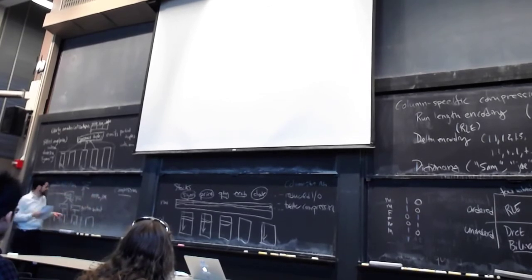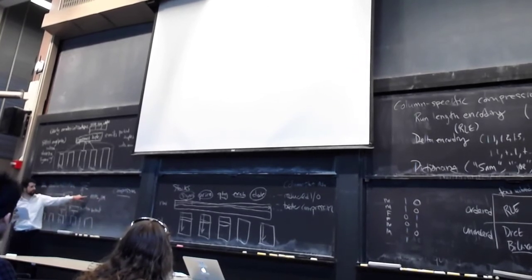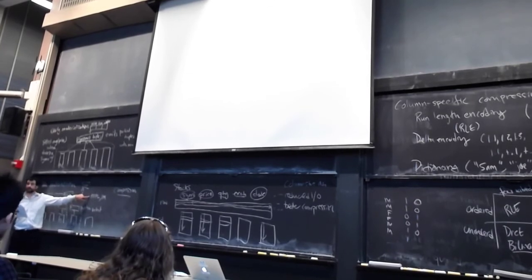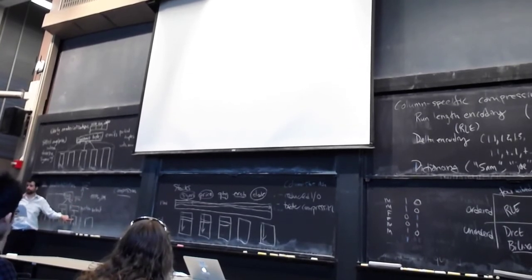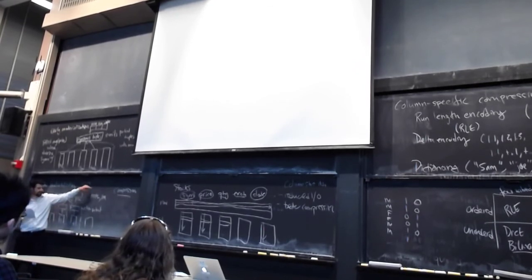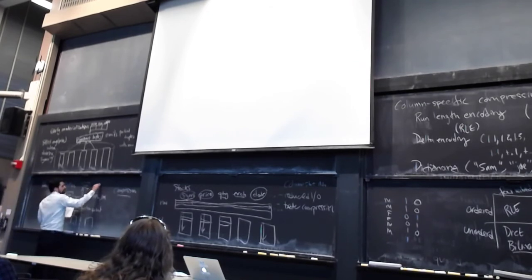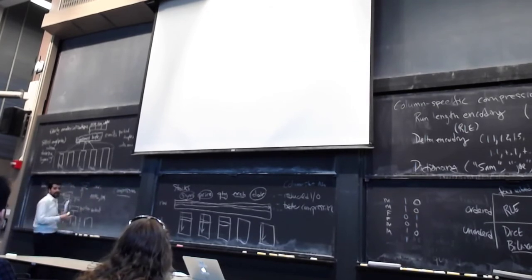I can produce an RLE encoded bitmap as a result of this position filter, right? I can find the positions that correspond to Apple, and I can just produce a bitmap that comes out of this, where the bitmap has 1 million times 1, right?